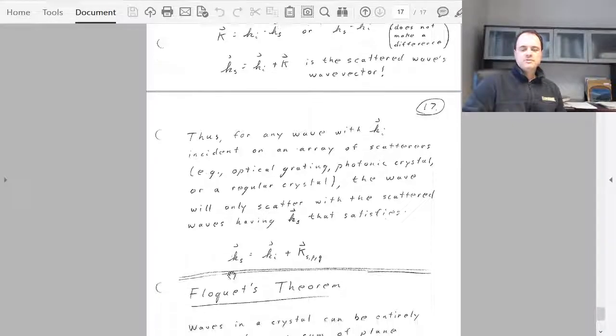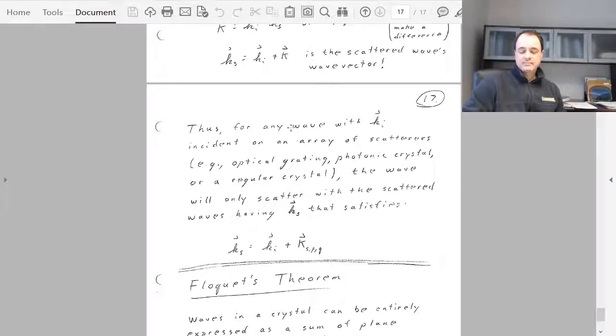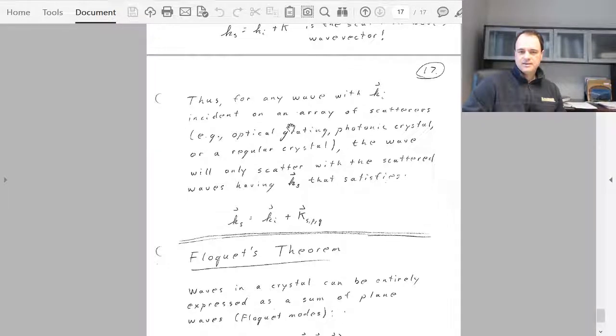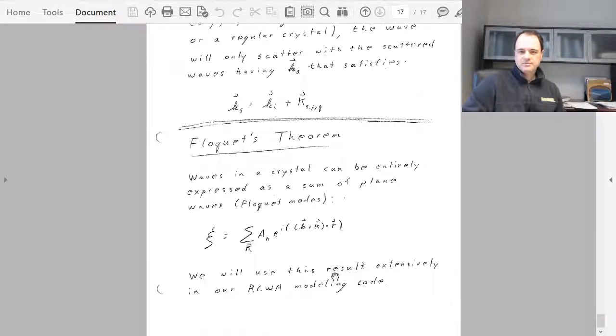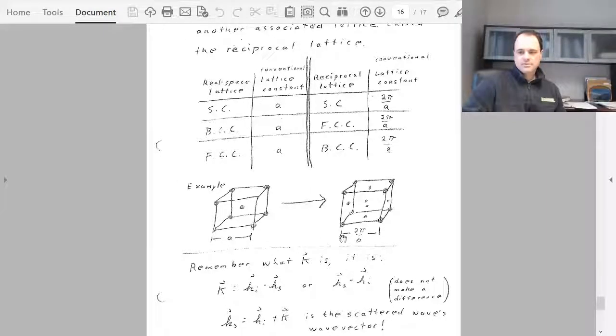It was only these scattered components that can be present in the crystal, and that led us up to Floquet's theorem, saying that a wave in a material has to have K vectors such that the difference between one wave's K vector and another wave's K vector can only be some multiple of one of these possible K values.